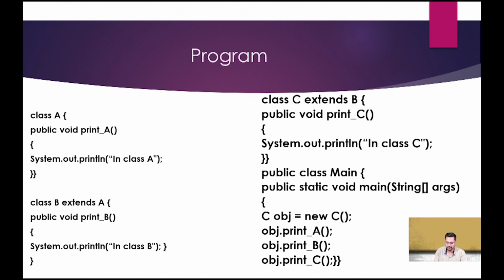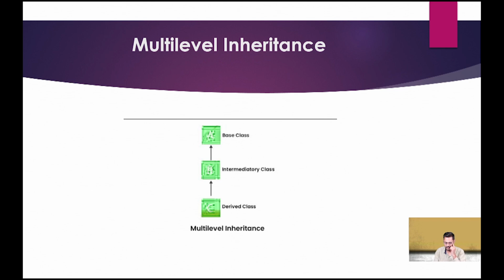And the third one is our main function. In this case, we only created the object of one class, and that class is C. Why?